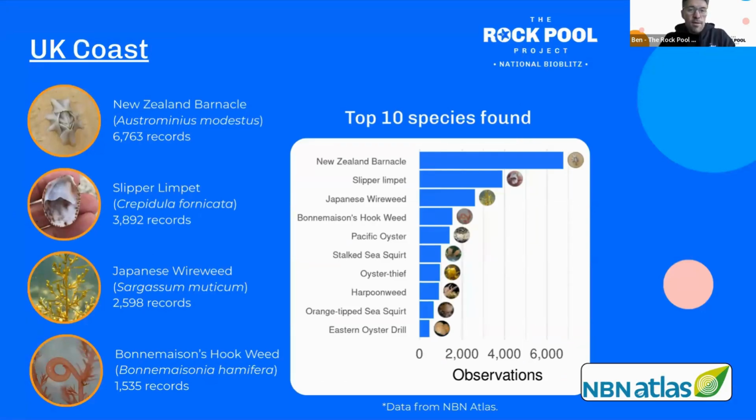You can see that from this bar chart, which is based on the same data. These are the top 10 species that have been found around the country, and the New Zealand barnacle is by far the most recorded. And then followed by slipper limpet and Japanese wireweed.